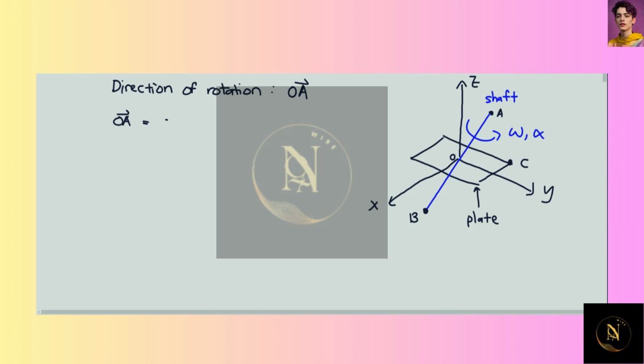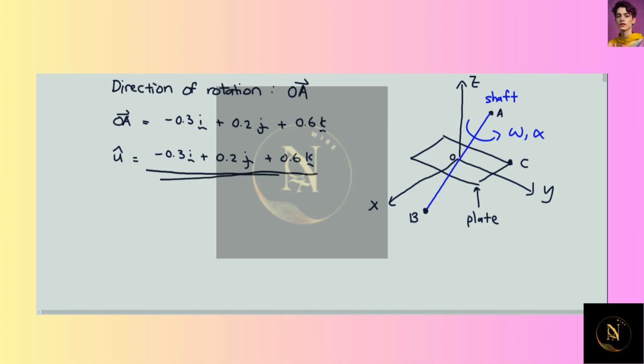using Cartesian coordinates, it's going to be 0.3i plus 0.2j plus 0.6k. And then the direction of rotation in unit vector form is going to be minus 0.3i plus 0.2j plus 0.6k divided by the magnitude of the vector.